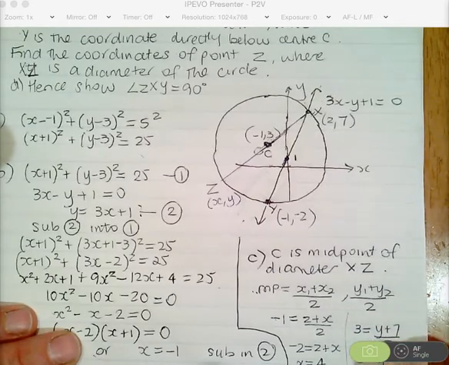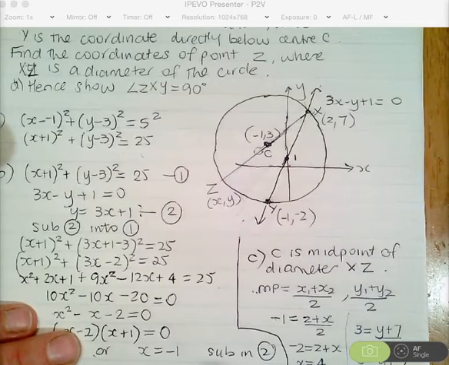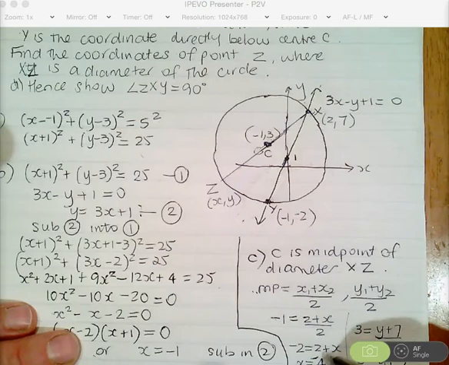Solving this, we get 6 equals y plus 7, therefore y will be -1. So the coordinates of Z are x is -4, comma, y is -1.